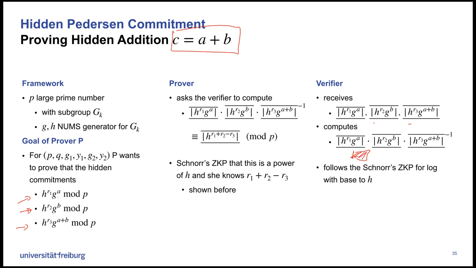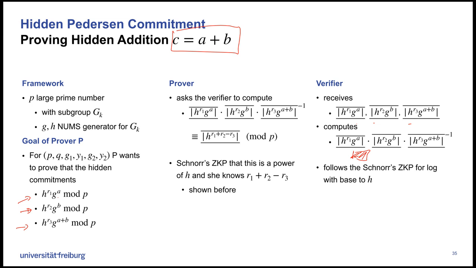He doesn't know anything about this new number. But if this new number is just the exponent of H, then the hidden numbers here somehow have added up. Because by multiplication I have a sum in the exponent, and if I have a sum exponent and remove it, I get the information that this is somehow added up.